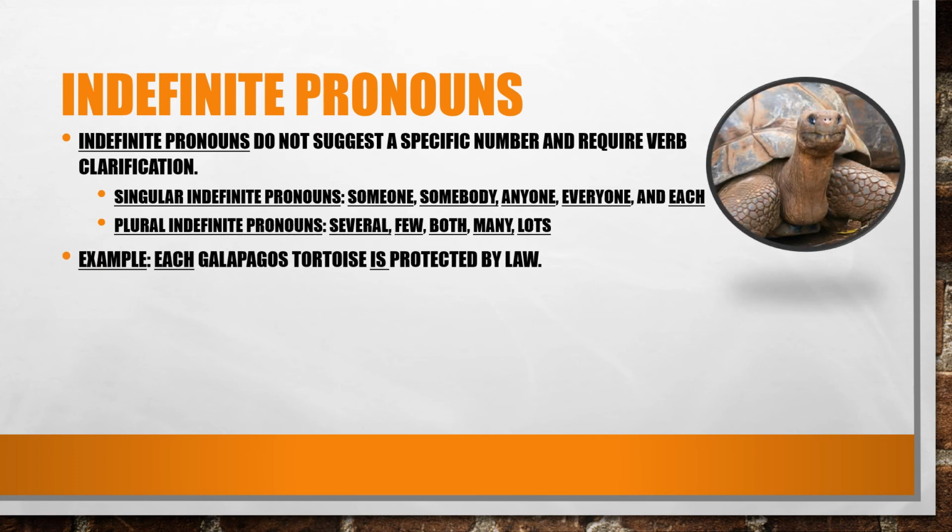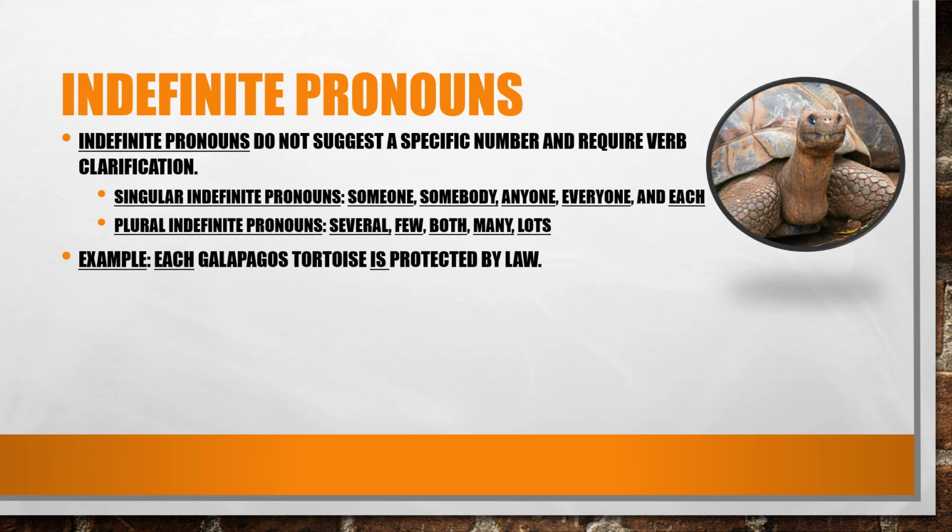Each Galapagos tortoise is protected by law. Galapagos tortoise is our subject here, the thing doing the action. The verb being used here is "is", which just means existing. But at the beginning, before the subject even appears, we have an indefinite pronoun, each. This is the same basic rule, going all the way back to the beginning.